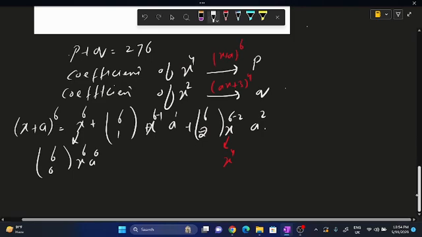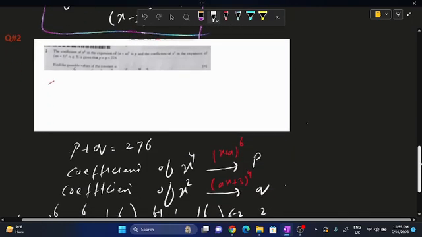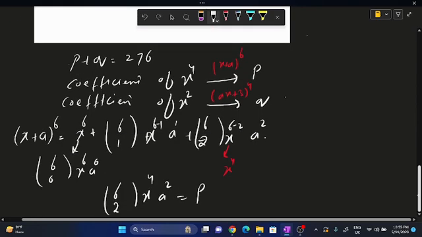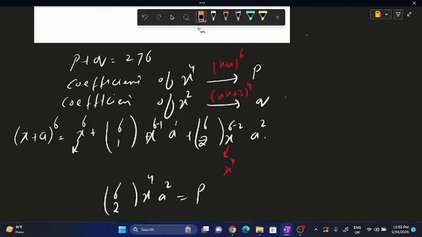So expand your binomial expansion up to this point only. Now solve it. That gives you 6C2 x^4 a squared, which equals p. Just like I pointed out, the coefficient of x raised to the power 4 is p. I just put the relevant values over here. 6C2 can be evaluated by a calculator.